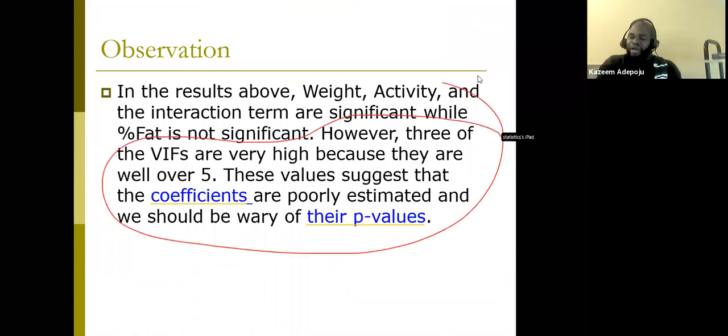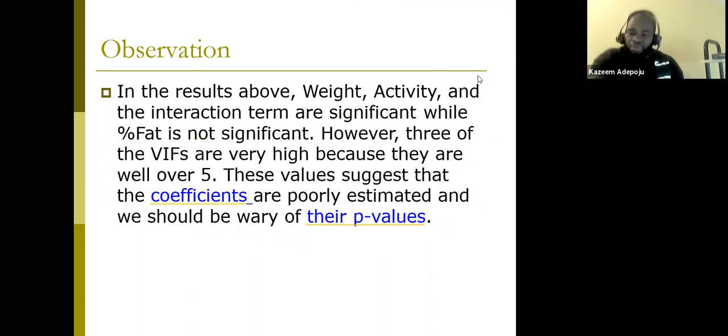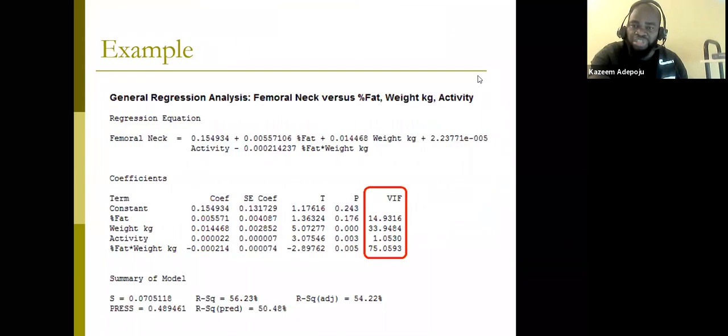I said, however, 3 of the VIFs are very high because they are well over 5. And this value suggests that the coefficients are poorly estimated, and we should be wary of their p-values. The one I'm referring to is the one we computed before, this one here. Okay. And why do we suspect multicollinearity?